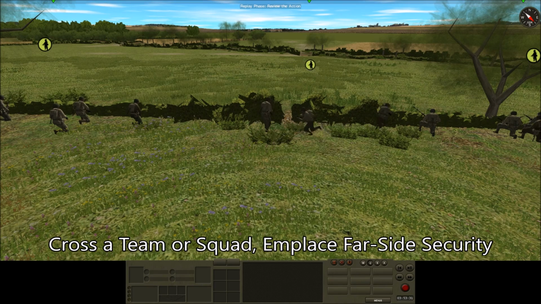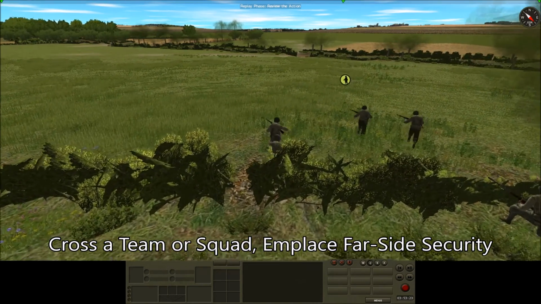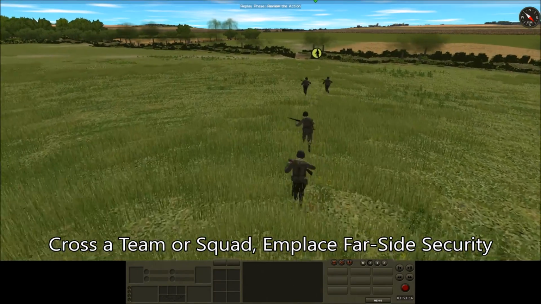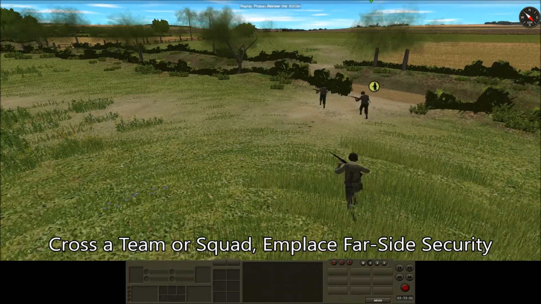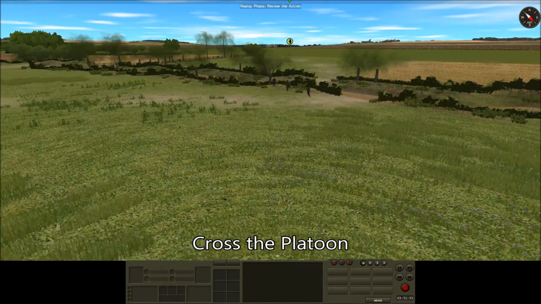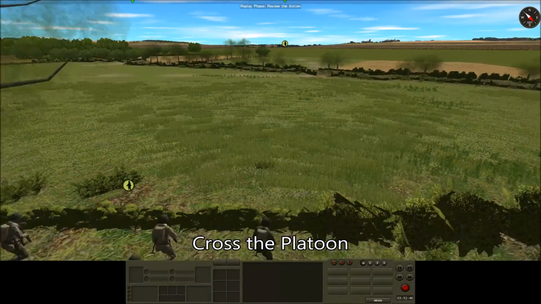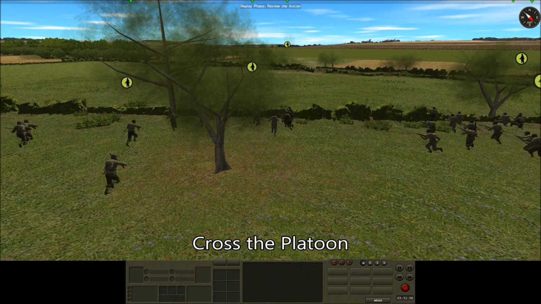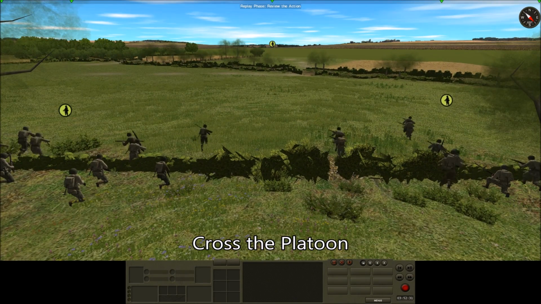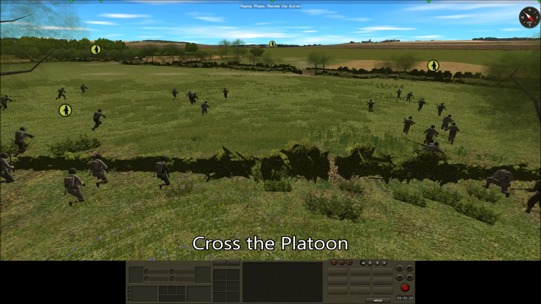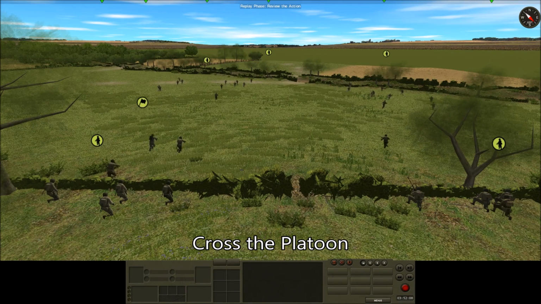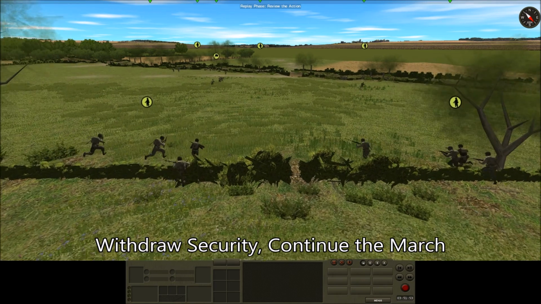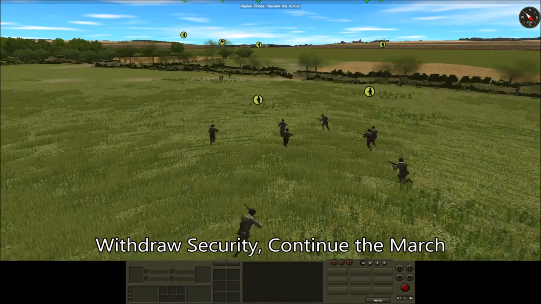Establish observation, in place near side security, cross a team or squad, establish far side security, cross the platoon, withdraw security, and continue the march.